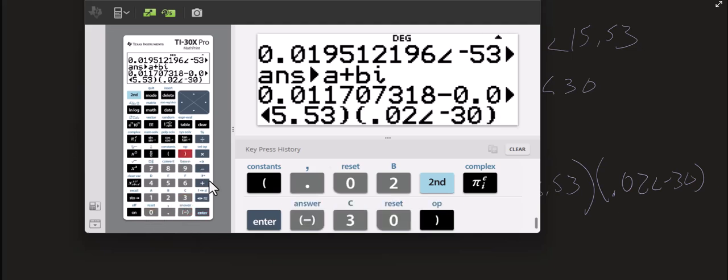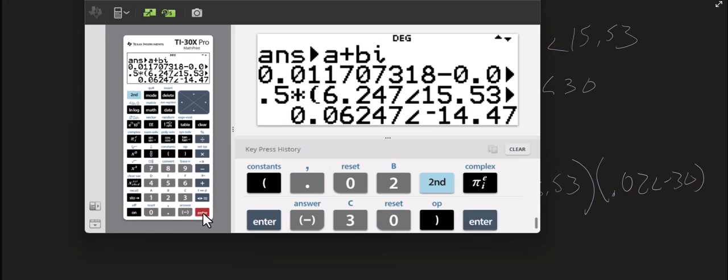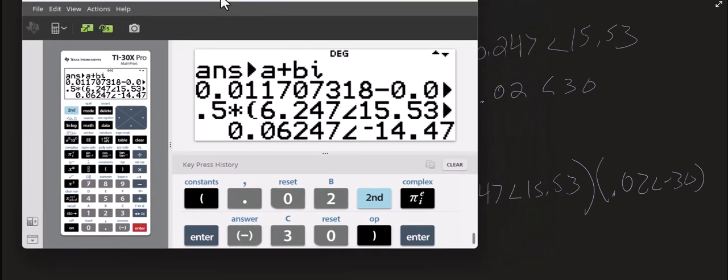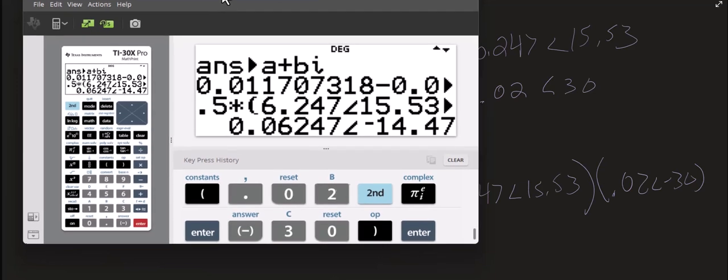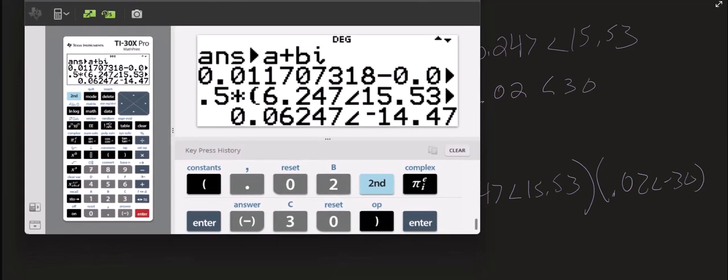Yeah, okay, I get it. I think you're confusing amplitude of a complex number with amplitude of a sinusoid, which are related here because these are phasors. And once I multiply them, my amplitude is right there. It's the magnitude of the phasor, 0.06247.